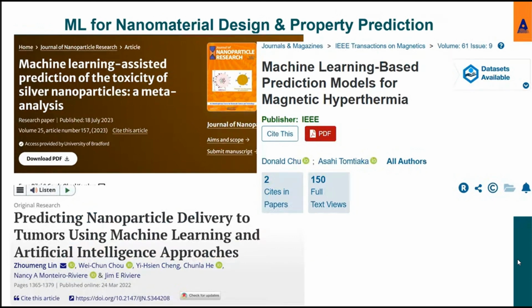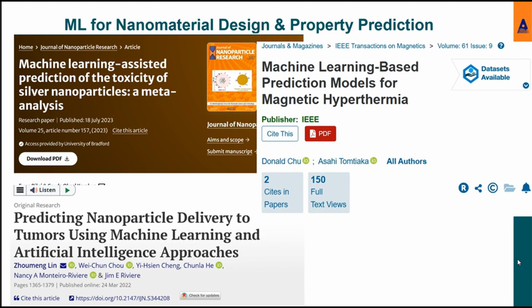A lot of work has been and is still ongoing on that. Different machine learning approaches have been used for that purpose, either based on classification or regression. These are some of the existing works which have done that. They are able to predict the toxicity of nanomaterials and the heating efficiency of nanomaterials, using either classification or regression.